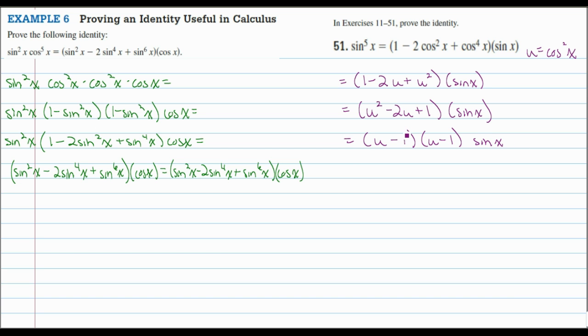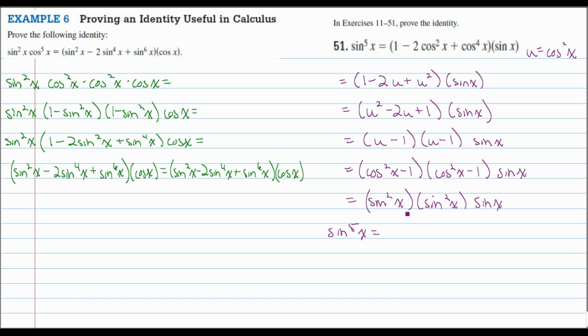Now since u is cosine squared, I'm going to put that back in. Cosine squared of x minus 1, sine of x. Cosine squared minus 1 is negative sine squared of x from my Pythagorean identities. So now I have sine squared times sine, which is sine to the fifth of x.